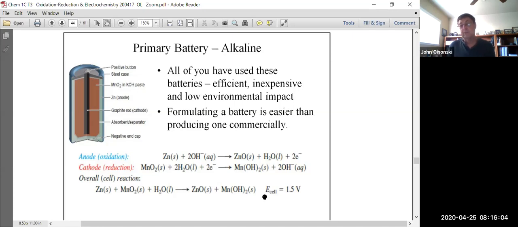But the batteries that you buy commercially have more additives inside to add to the battery stability, to make sure that the chemicals such as the manganese dioxide do not clump up and become less reactive. There's a lot of things going on behind this main scene here.